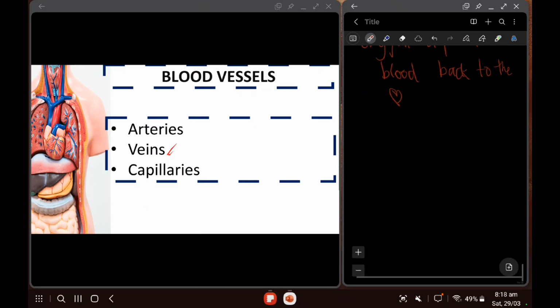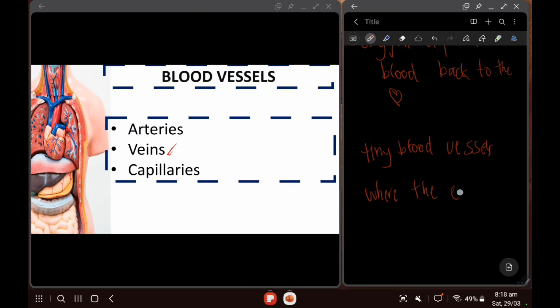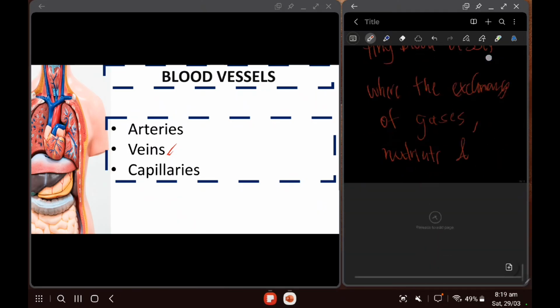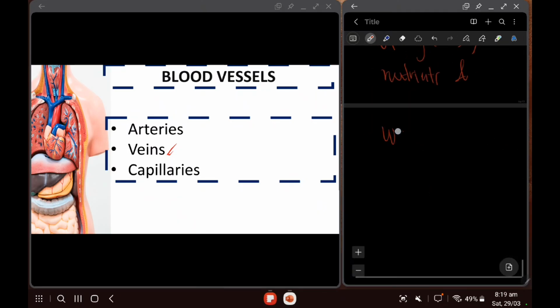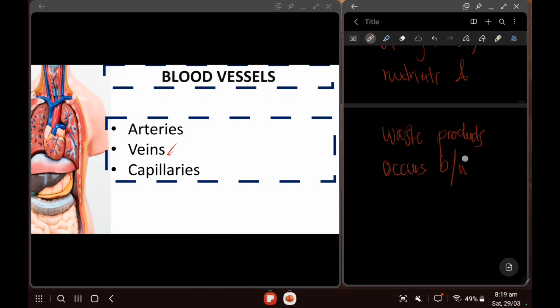And then we have the capillaries. Capillaries naman po, this is a tiny blood vessel where the exchange of gases, nutrients, and waste product occurs between the blood and body tissues.